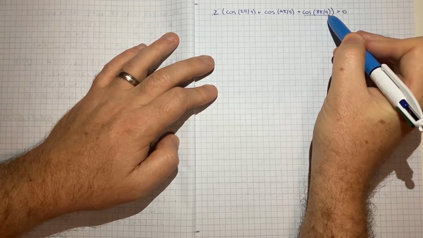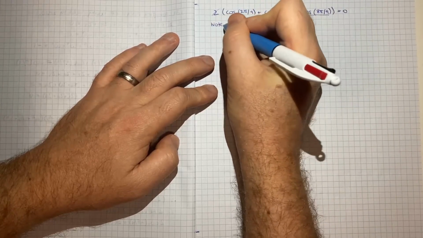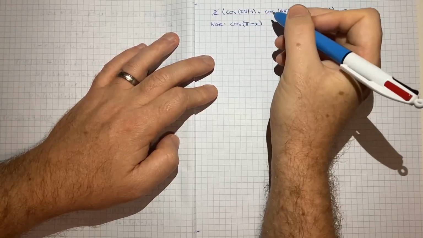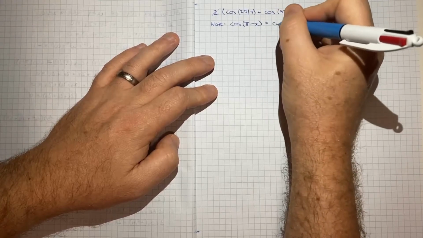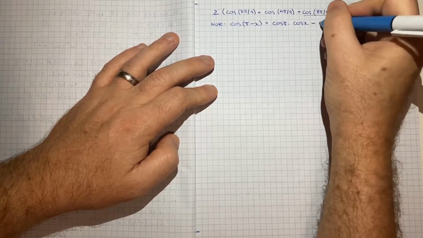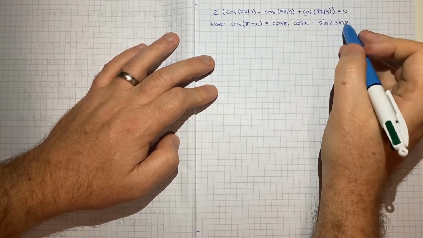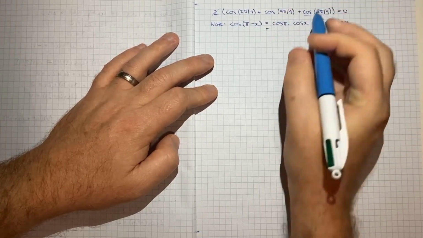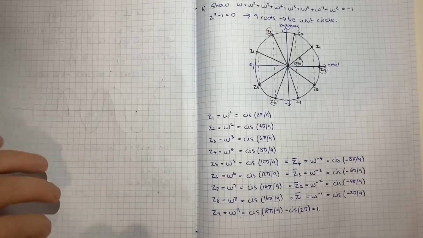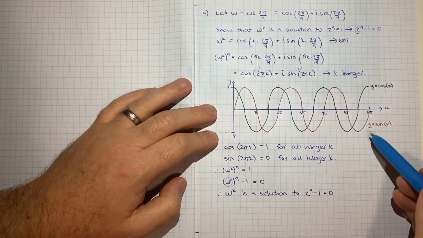And now what we need to do is think about this cos 8 pi on 9. So what we can do is note that cos of pi minus x, in general, is equal to cos pi times cos x minus sine pi times sine x, and I think this result will become useful to us because if we come right back to our cos and sine diagrams, this shows why it was useful to draw them up, because it's coming in handy.